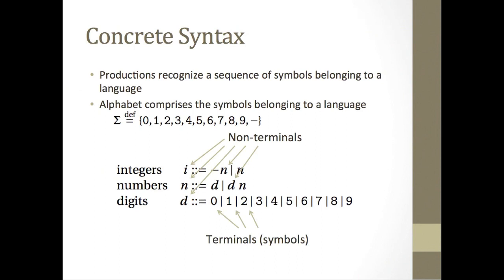As you can see from looking at our production rules, if you start with an I, you can create a non-terminal N or a negative N, which then creates either a digit or a digit followed by another N, and no matter what, your last thing that you are creating from your production rule ends up being some sort of terminal and some sort of symbol, and that ends your string eventually. And so this is the way that we use non-terminals and terminals in our production rules along with our alphabet to create strings in our context-free grammar.